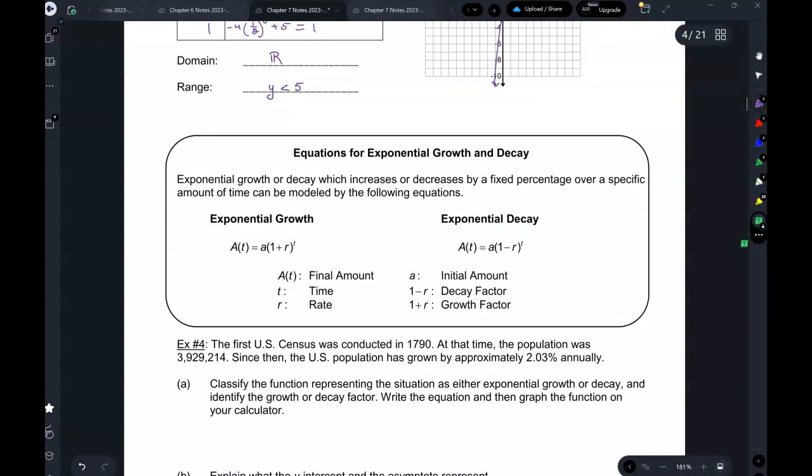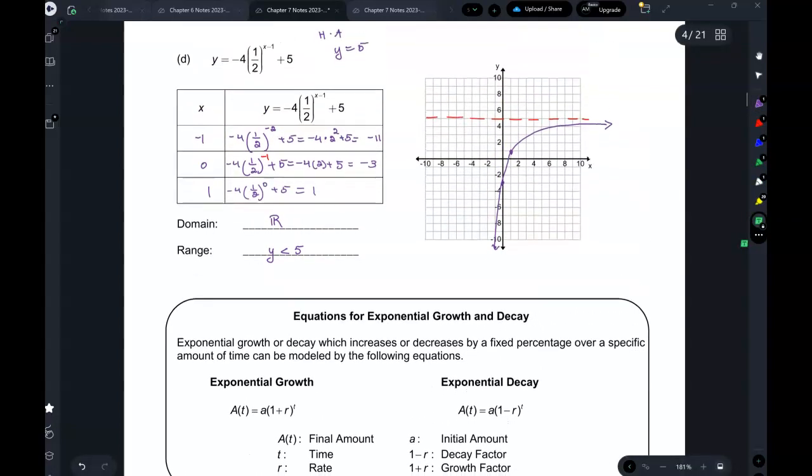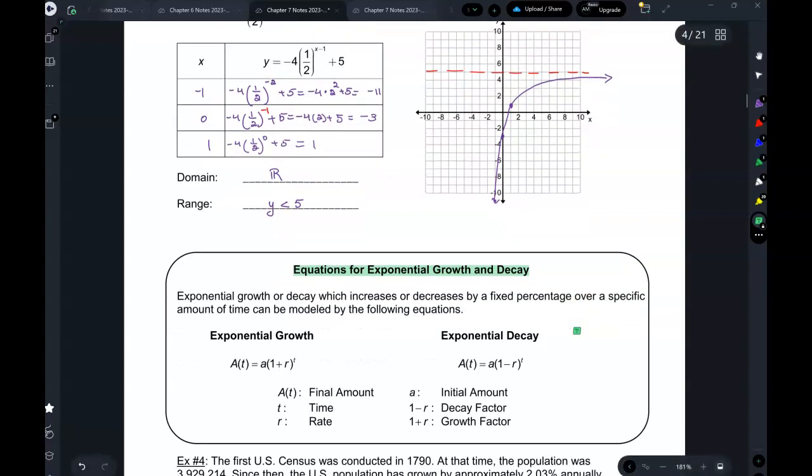Okay, so let's do some word problems because what's math without word problems? All right. So let's talk about equations for exponential growth and decay, which increases or decreases by a fixed percentage, is usually modeled by these two equations.